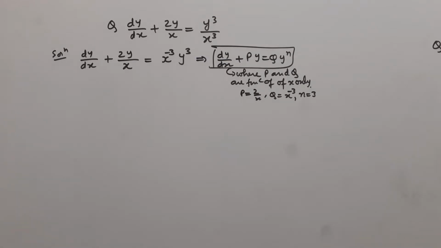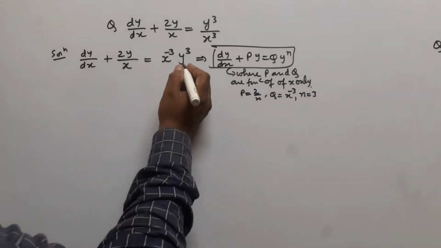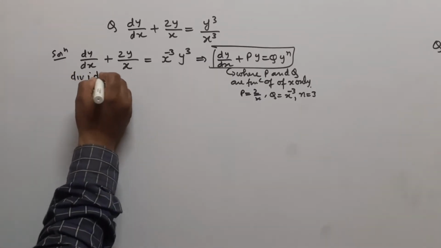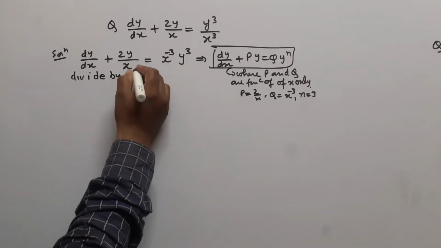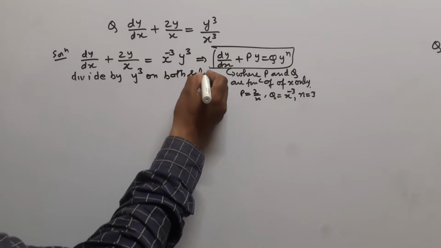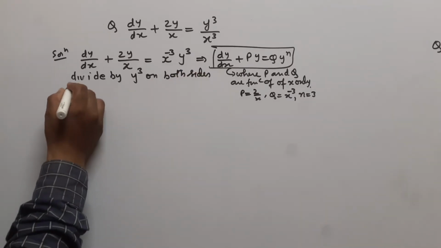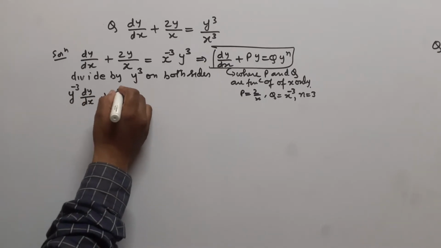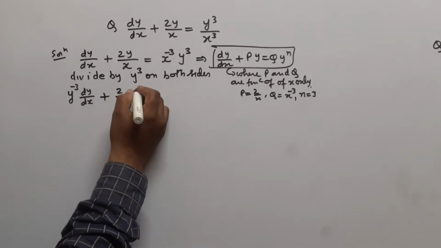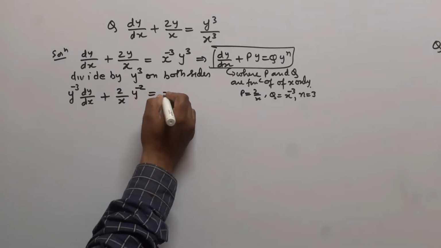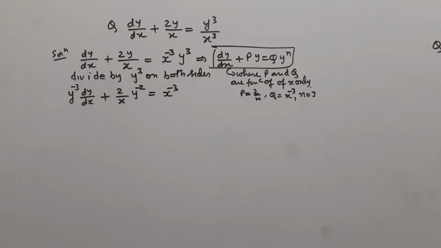So first we divide this equation by y^3 on both sides. Now this can be written as y^(-3) dy/dx + 2/x y^(-2) = x^(-3).